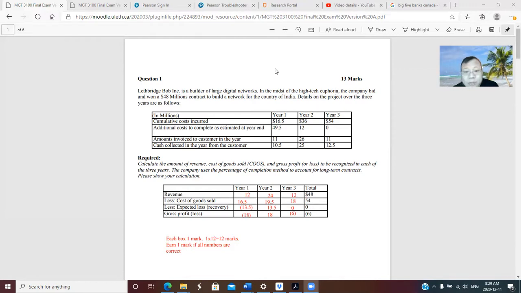So you know this question really well, but I'm going to explain this question one more time. Cash collected in the year from the customer: 10.5, 25, 12.5. Okay, so let's take a look at the calculation.